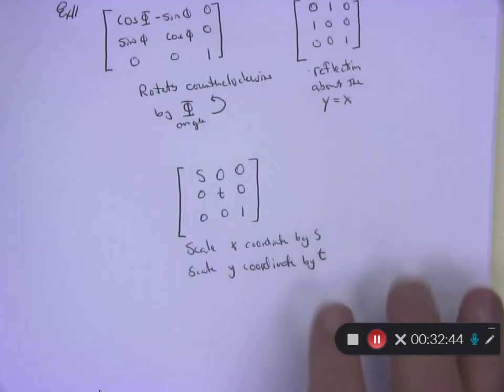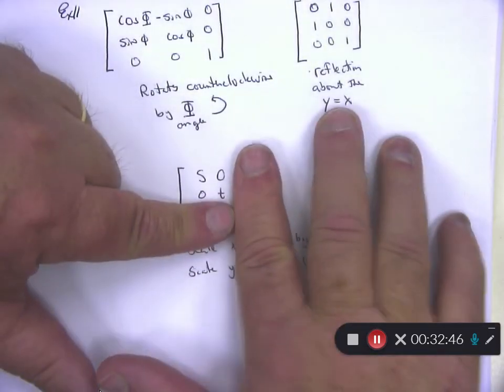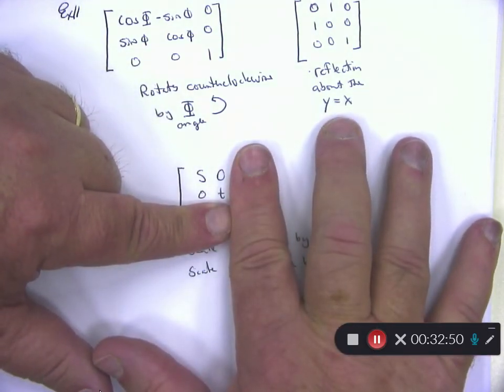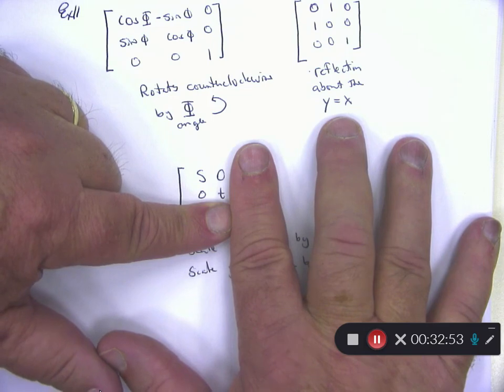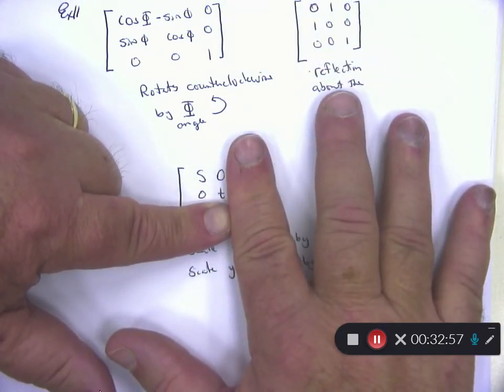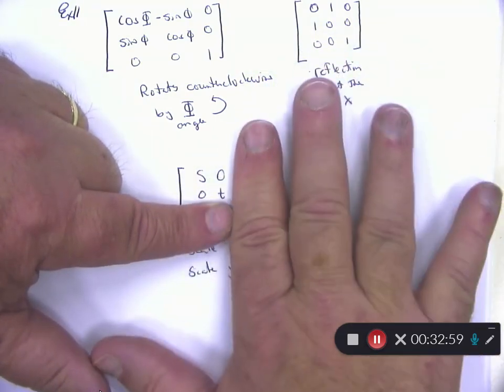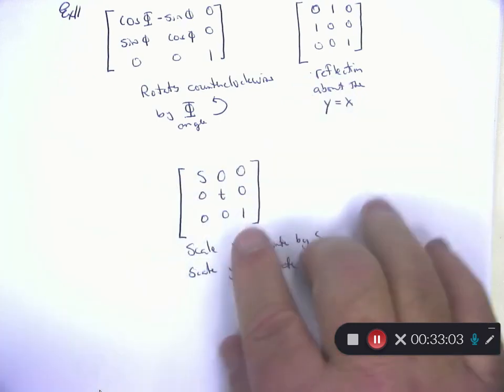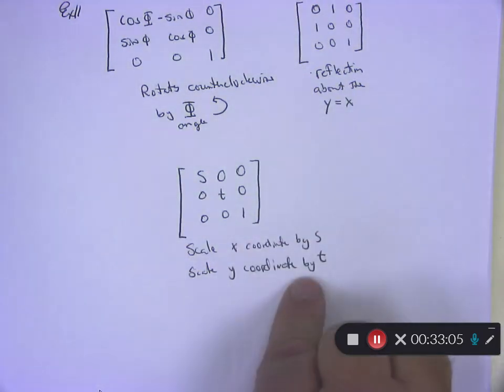And then the third one, this was your scaling factors here. You scale the x coordinate by s, you scale the y coordinate by t. Remember we put 75% on that thing and multiplied it. It knocked it down by 25%. Whatever percentages you want to put in there, you want to make them bigger, make s bigger than 1 or whatever. But this is it, and if you put a 1 down there, it's still going to do the same thing.